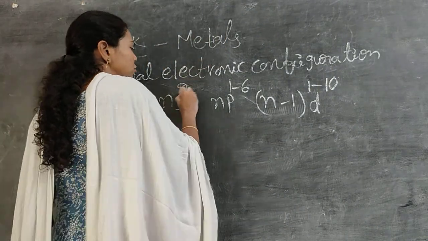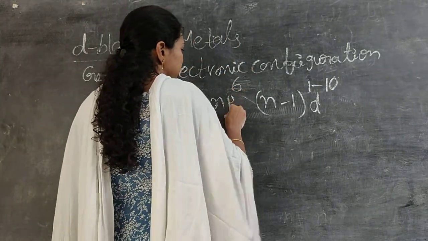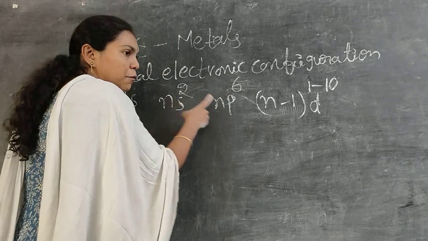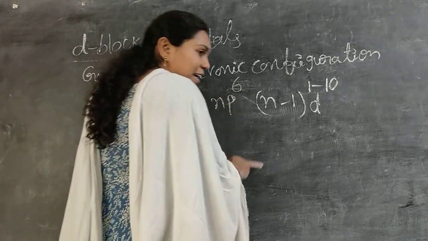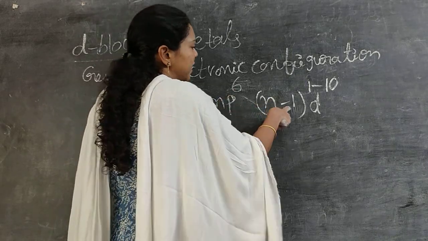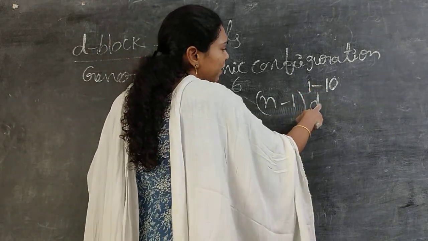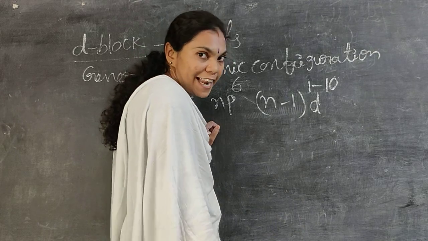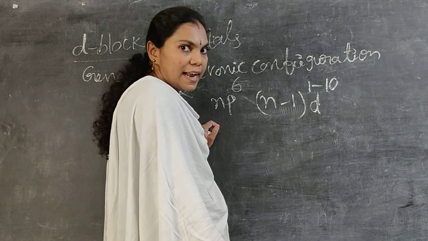So you also write Ns2 Np6. Why? Because after s and p are filled, only then do the electrons enter the d. So Ns2 Np6 (n-1)d1 to 10, because the d orbital must contain 10 electrons.